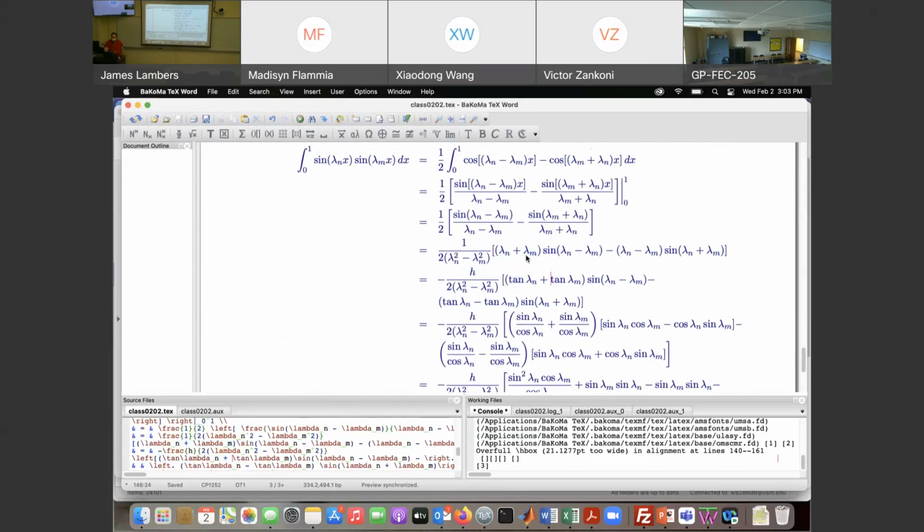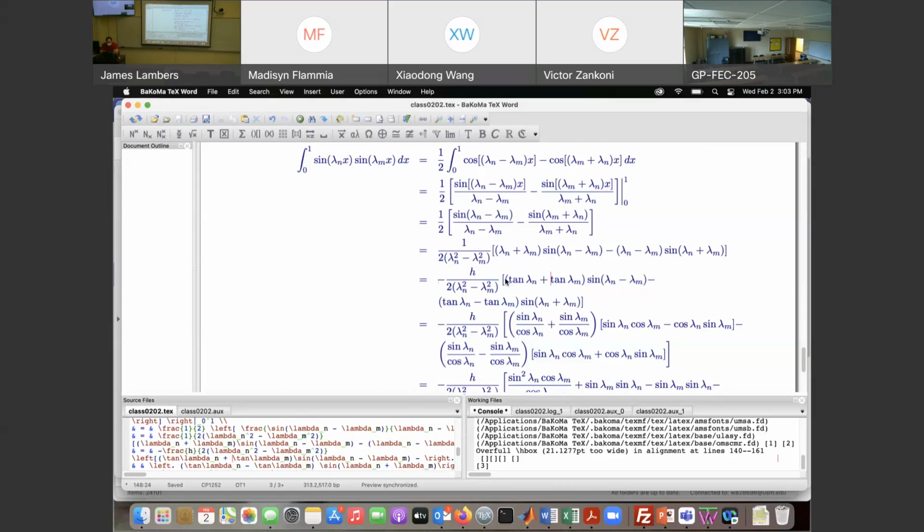So you can see lambda n plus lambda m got replaced with the tangents of them, and then I get a minus that I put out front. Now, that may seem like I'm making the expression more complicated because I'm replacing a variable by minus its own tangent. There's also a factor of h here. But the reason I'm doing that is I have these other trig functions here.